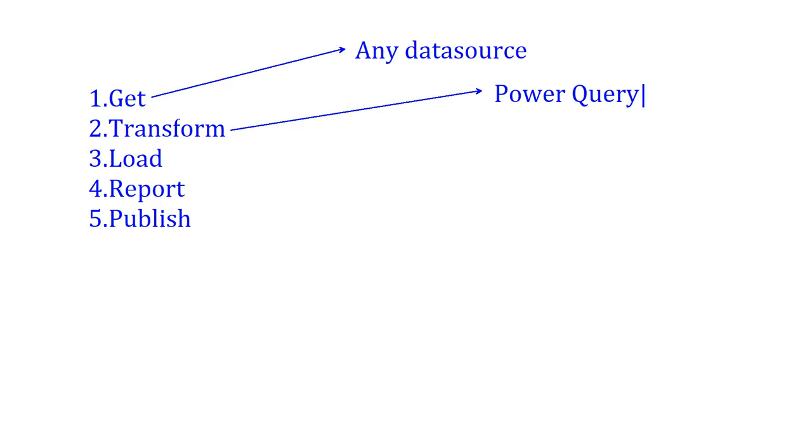Through Power Query only we are going to transform the data. First, we get the data, clean it up, transform it, make it meaningful, useful, clean data, then load it into Power BI Desktop.